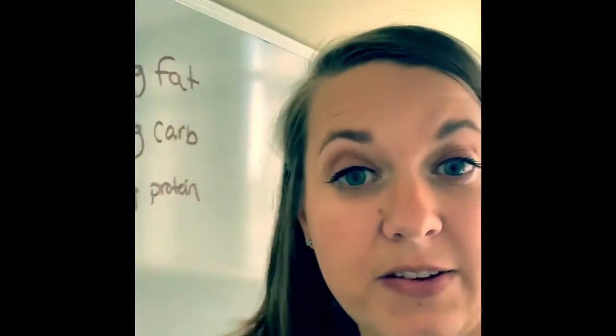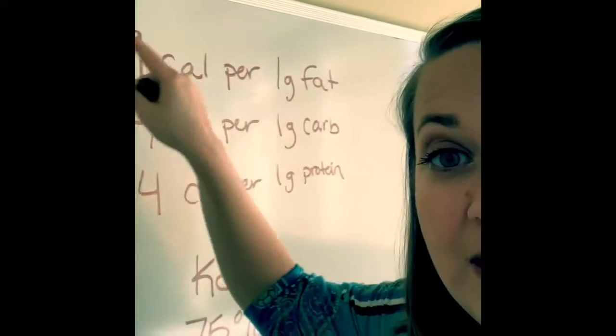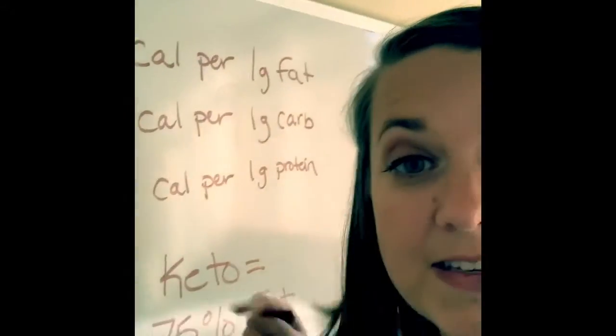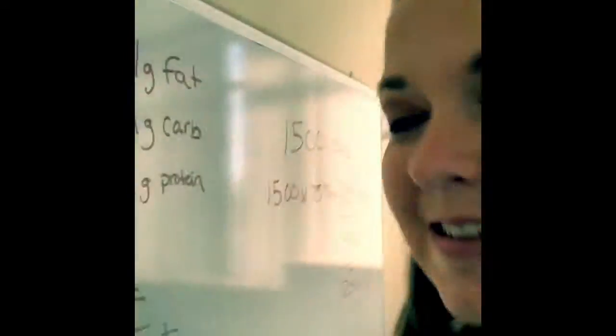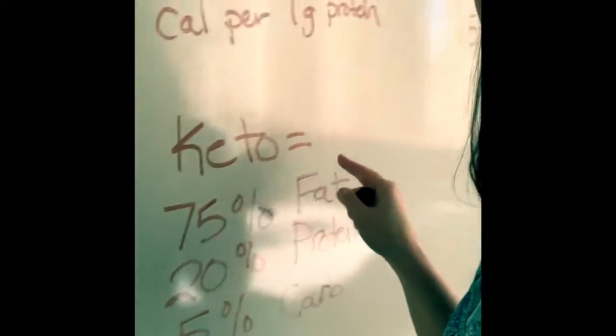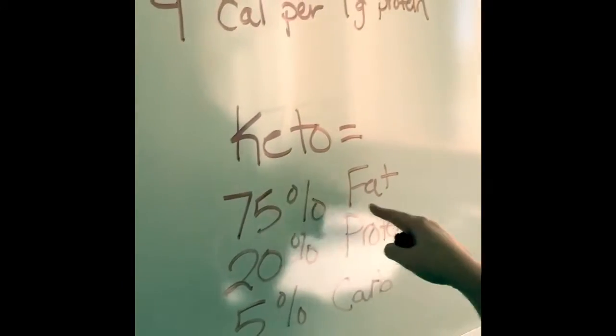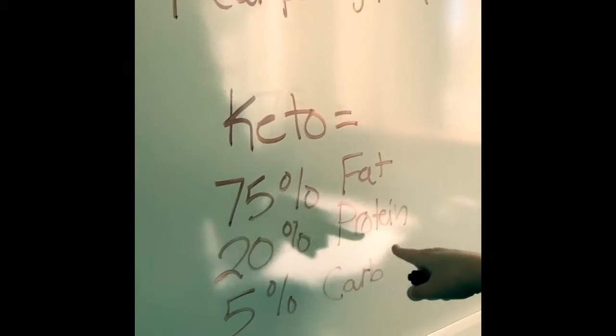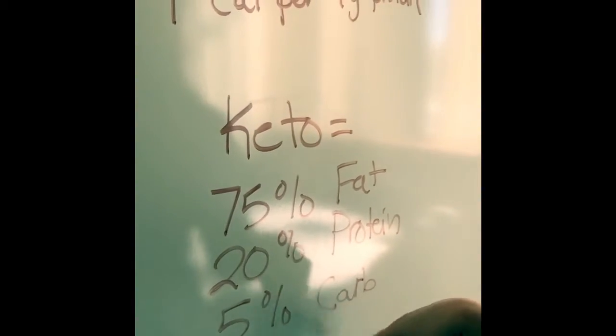So this is important to know, this little thing right here, because this is going to help you with the rest of this, okay? So my next thing is remember everyone, keto is 75% fat, 20% protein, and 5% carbs. So again, we want to try to stick to about 20 grams of carbs per day, but for some people that's maybe not obtainable, especially depending on what calorie intake you're looking to have.